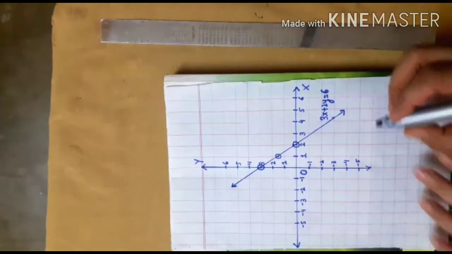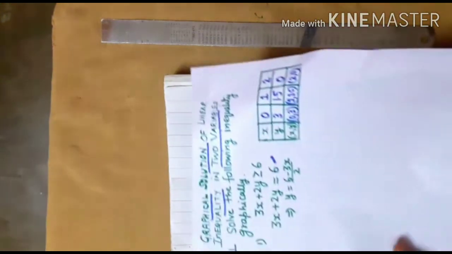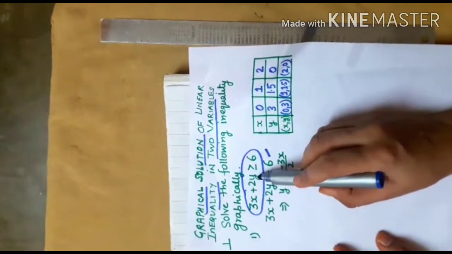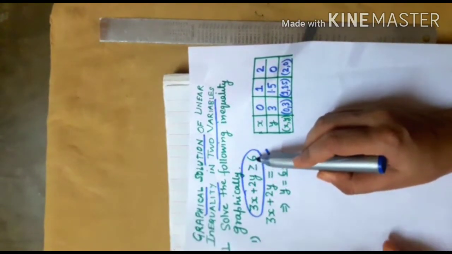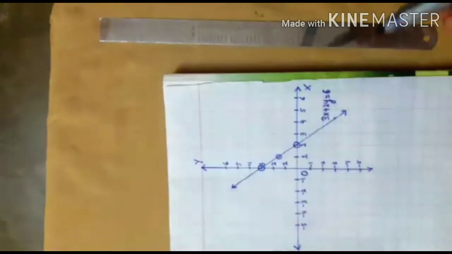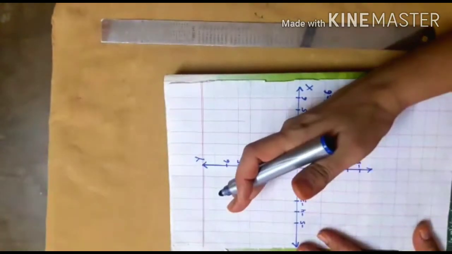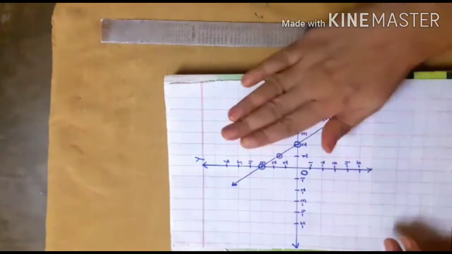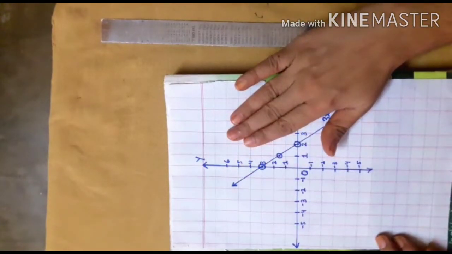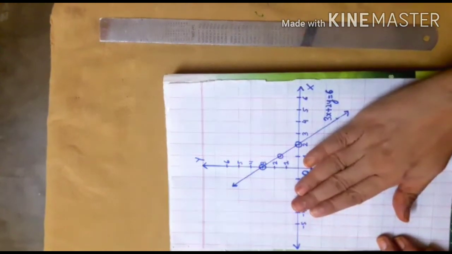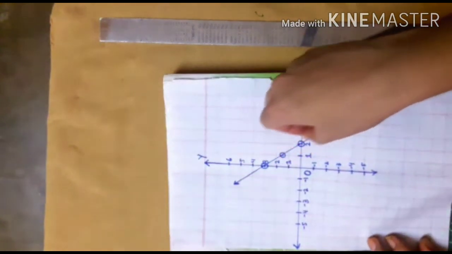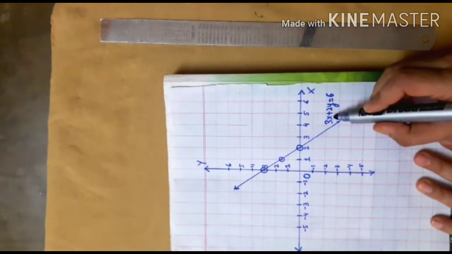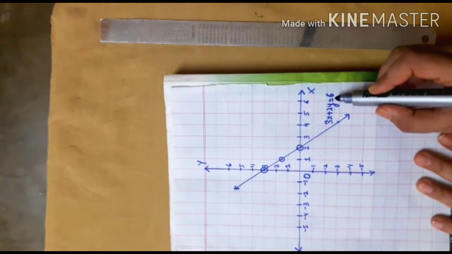Now look here. I need to solve this inequality, 3x plus 2y greater than or equal to 6. This line has divided the plane into 3 parts: this part, that part, and the line. The line represents 3x plus 2y equal to 6.